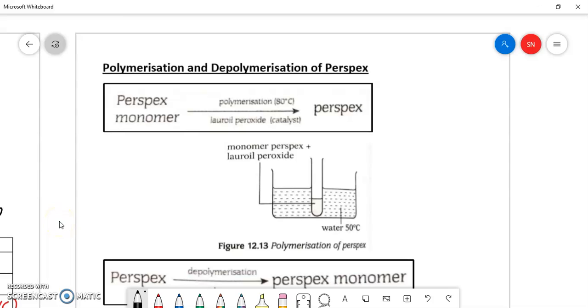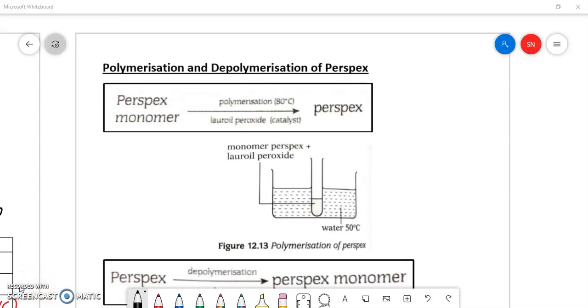Now we're going to look at polymerization and depolymerization of perspex. We talked about perspex just now. It actually comes under synthetic polymer. So under synthetic polymer, we will look at perspex. For natural polymer, we will look at natural rubber.